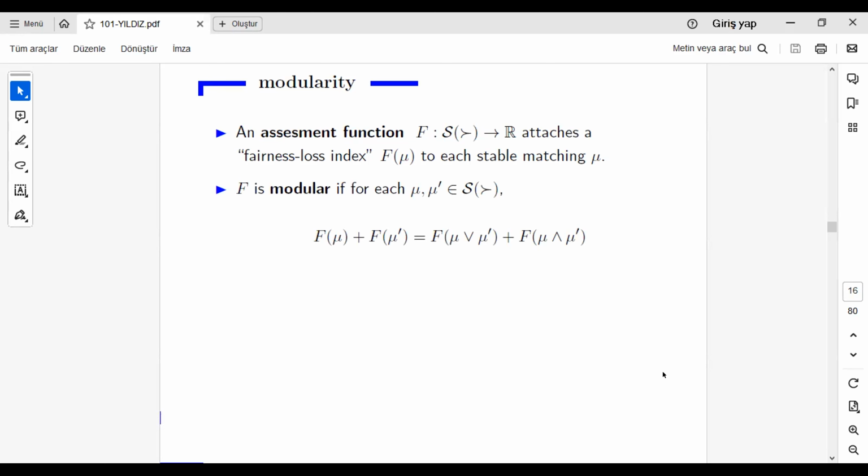And this function is said to be modular if this identity holds, namely, if the assessment of a matching mu plus the assessment of a matching mu prime is equal to the sum of the assessments of their supremum and their infimum.